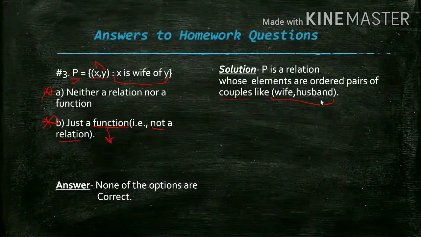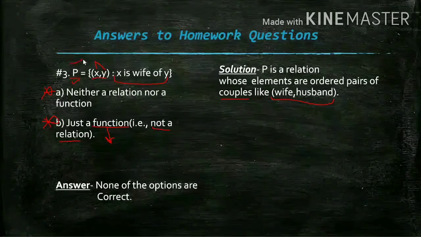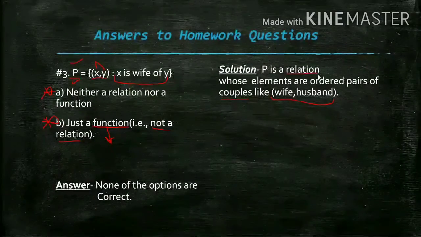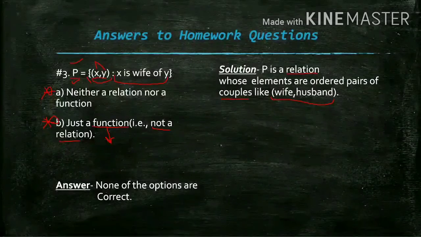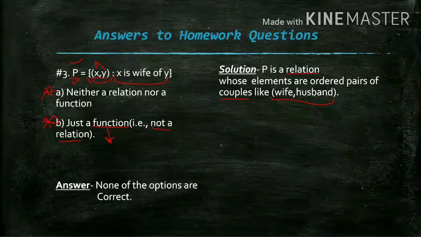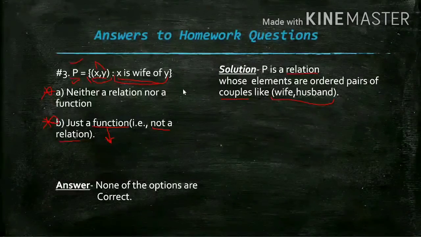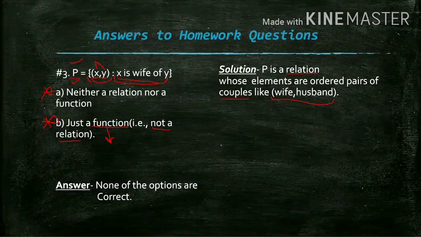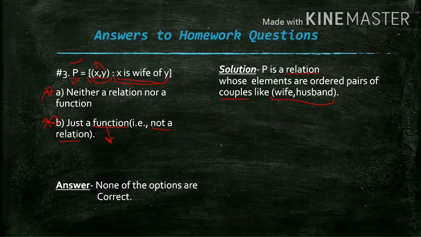So we have a wife and her husband as the ordered pairs, the elements of this set. It is a relation, no doubt, a set with ordered pairs. Now we can't draw the graph, but we can check whether it is a function or not. And I hope you also know that it is a function.